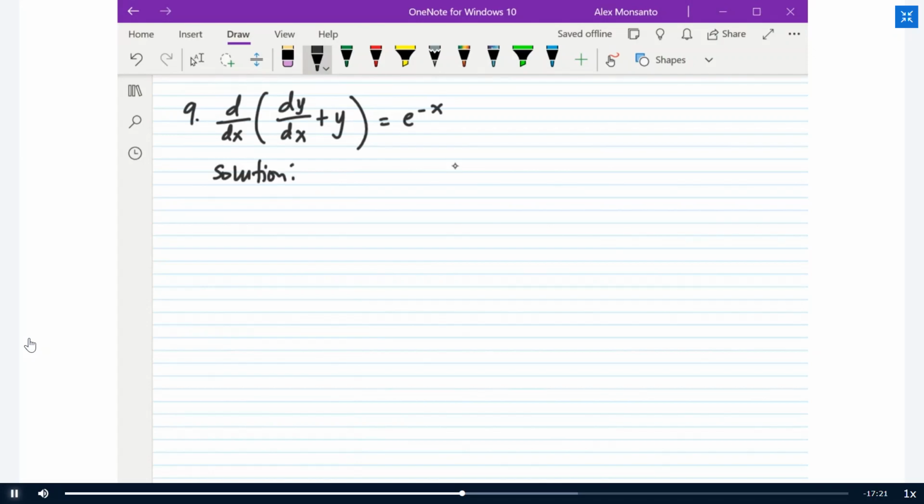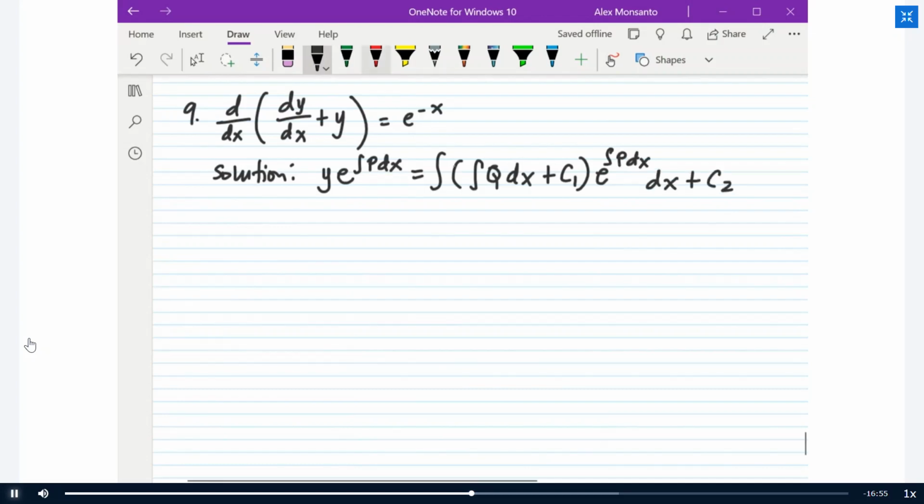So, we can have y times e raised to integral of p dx is equal to integral of quantity q times e raised to integral of p dx, dx plus c sub 1 then dx plus c sub 2.